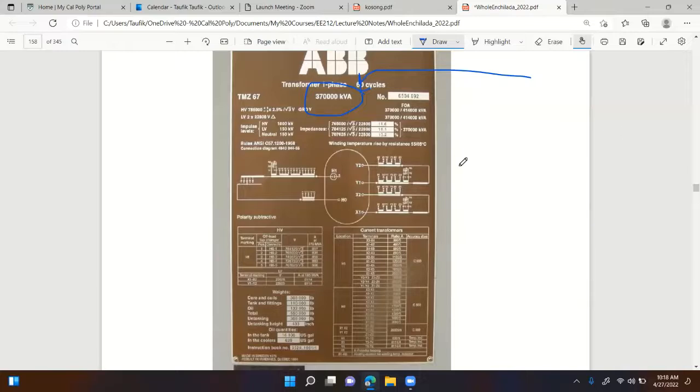Huge transformer. So as you can see, the unit is kilovolt amps for this one. And this one has 3 windings, 1 high side and 2 low side windings.